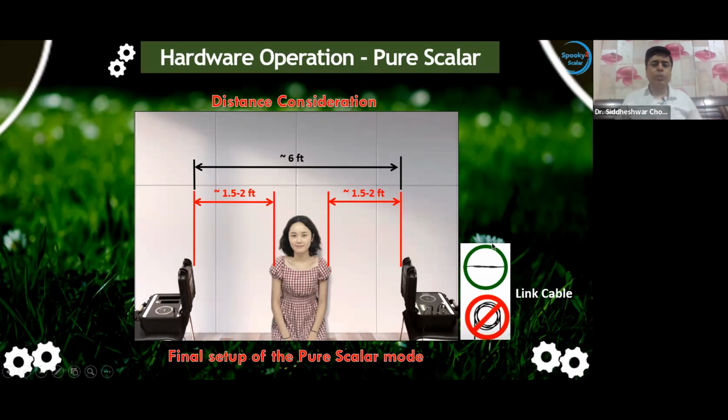Link cable should not be coiled. Keep link cable as straight as possible. Leave link cable as straight as possible and avoid metals close to link cable. Avoid metals, I said. Okay. It's not necessary. In small houses like mine, it is very difficult to keep it away from metals, right?